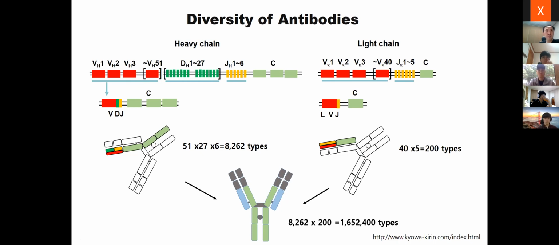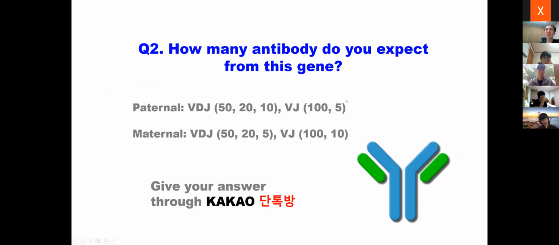That's an even much bigger number than these million numbers, right? So it seems like from one cell, of course, it has two genes, one from mother, one from father, but they choose only one to activate. The other one is not activated. So that's why it's not a full combination. Each of them is 5 million, and the total number is just adding these up. So maybe we have about 10 million different kinds of antibodies we can generate.